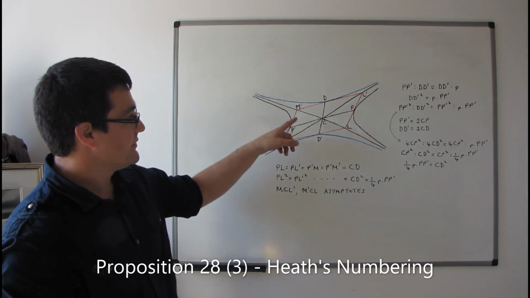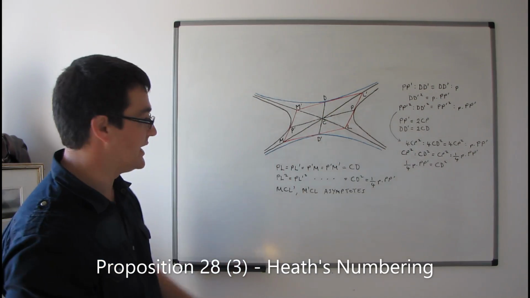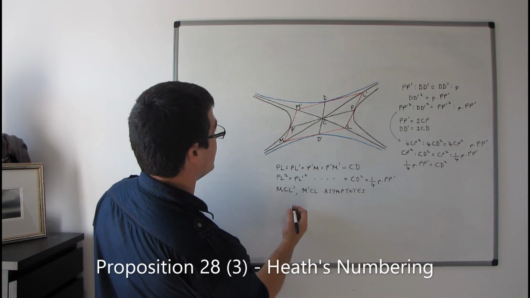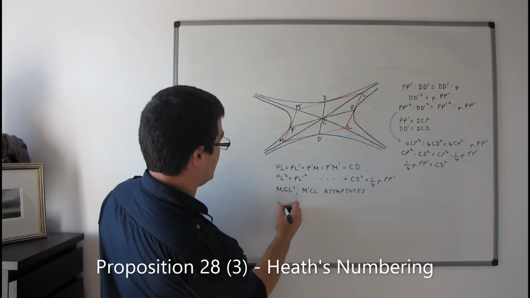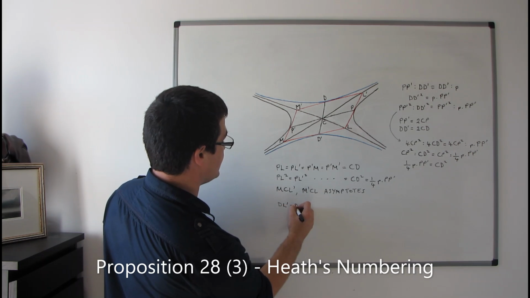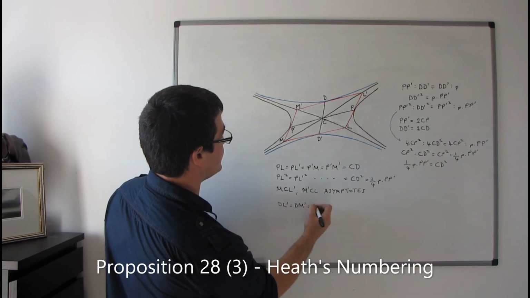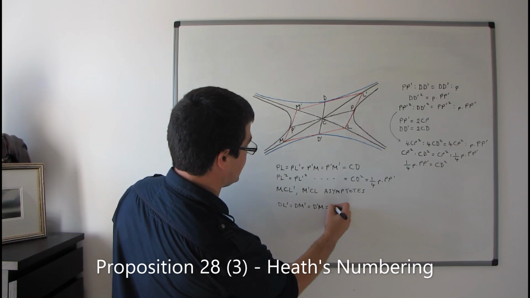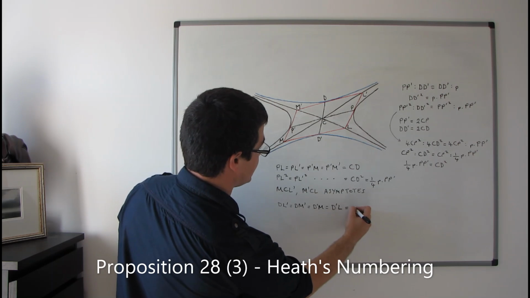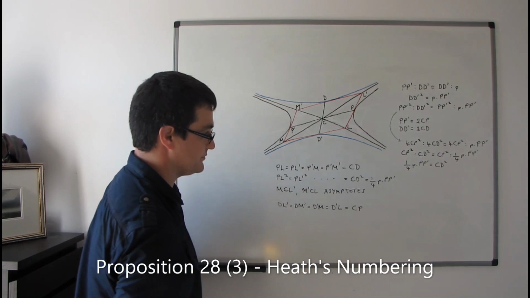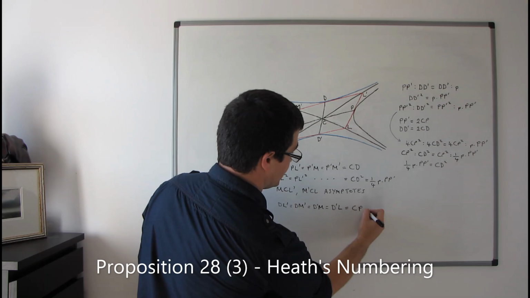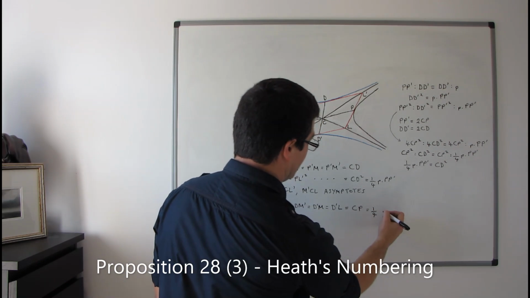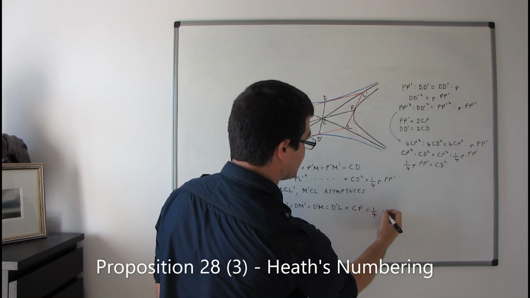And we can do a similar thing for the other hyperbola. With respect to the other hyperbola, what can we show? DL primed is equal to DM primed, is equal to D primed M, is equal to D primed L. This is equal to CP, which is going to be a quarter. So it's the parameter with respect to the other diameter.